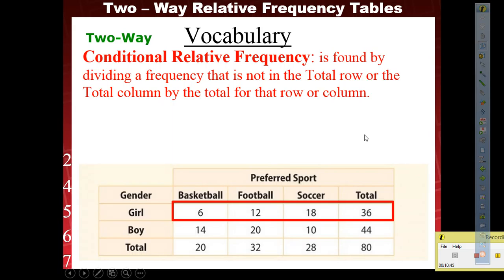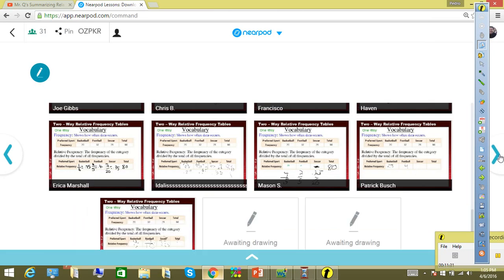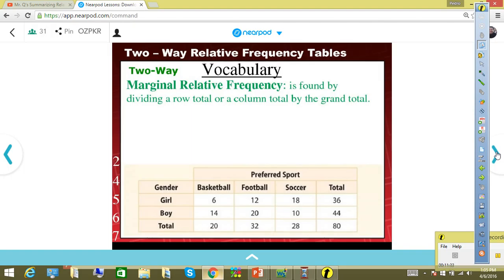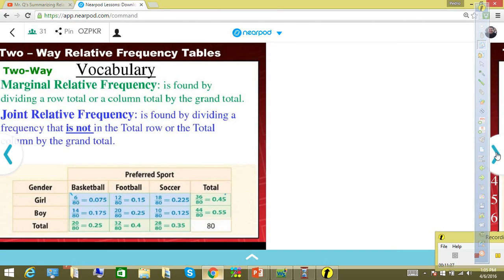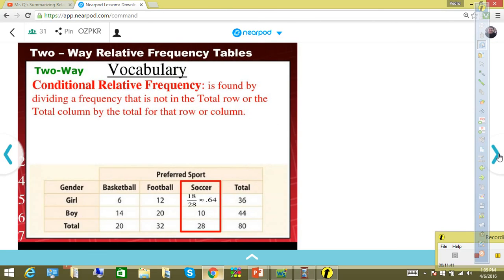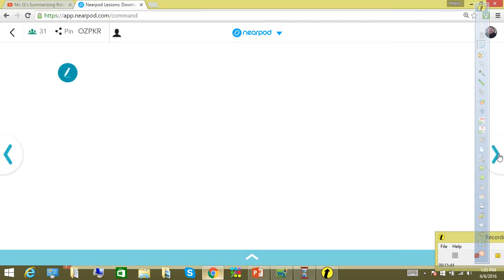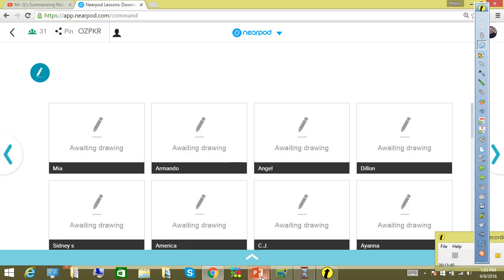All right, so what I'm going to do now, I'm going to forward the screen, and we're going to try filling in this table right here, okay? So give me a second. Let me forward your screen. No, those were the slides that I showed you earlier. All right.